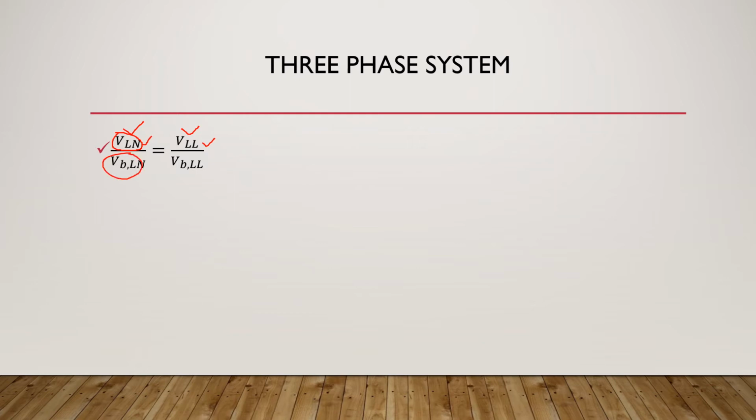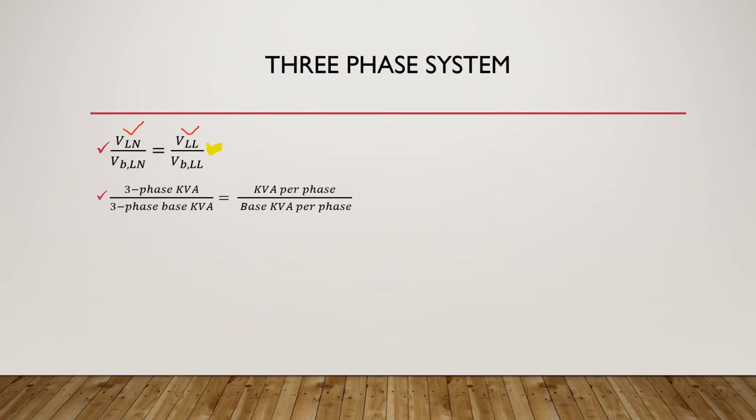According to our definition, actual value to base value is nothing but the per unit value. So the first part is the per unit value for line to neutral, and the second quantity is the per unit value for line to line. That means the per unit value of line to neutral voltage will be equal to the per unit value of line to line voltage.